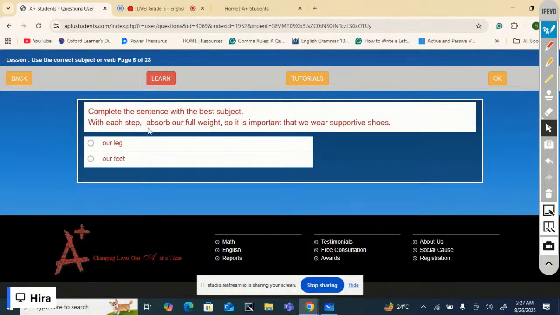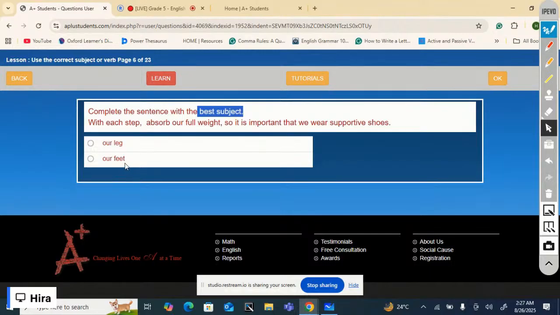With each step, blank absorb our full weight, so it is important that we wear supportive shoes. Now complete the sentence with the best subject. Well, the subject is missing. Our leg or our feet? Leg is one, singular.